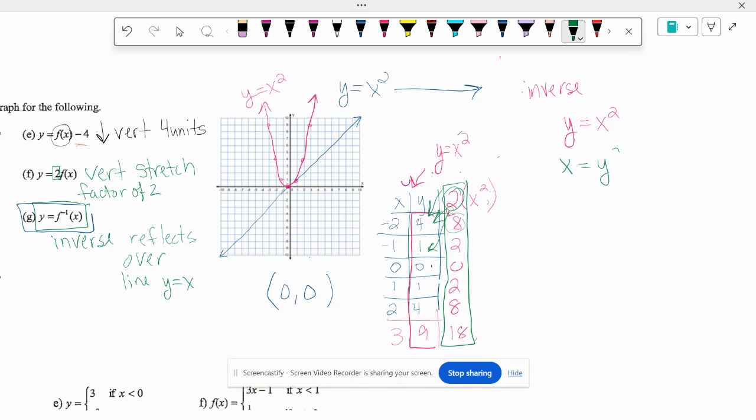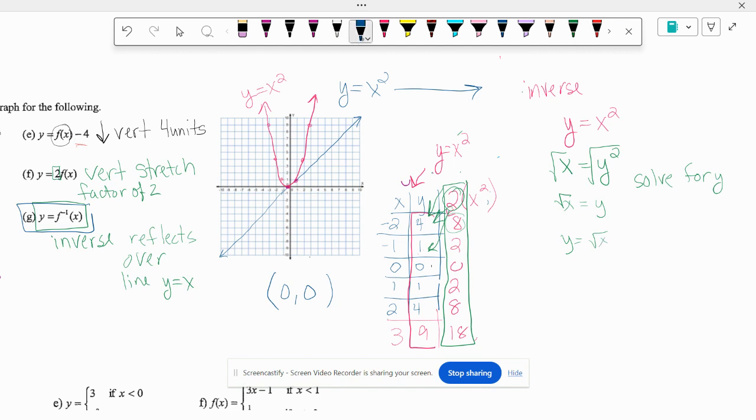I change spots. And then I solve for y. Okay, so the only way that I can solve for y is to take the square root of it. The only way I can get y squared by itself is to take the square root. But remember, if you square root one side, you have to square root the other. So the square root of x equals y, meaning y is the square root of x. It's the square root function.